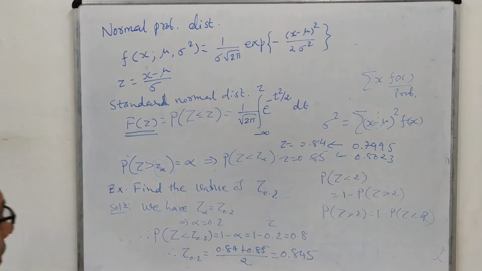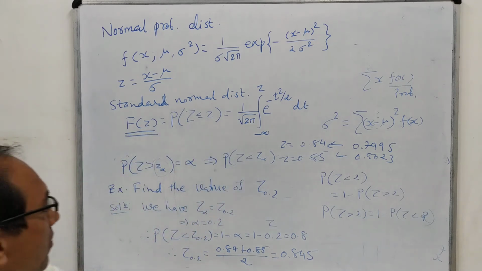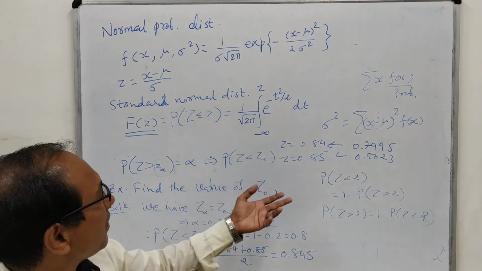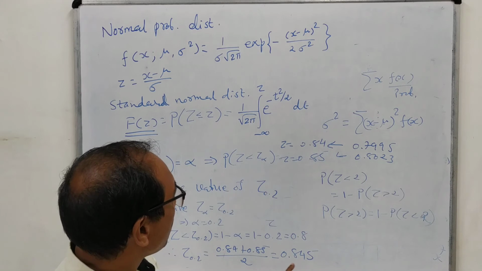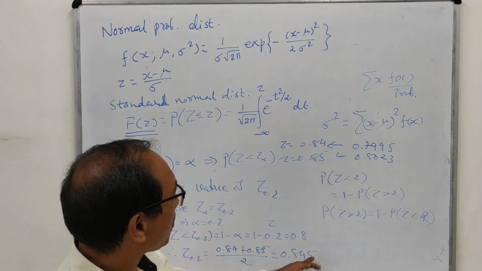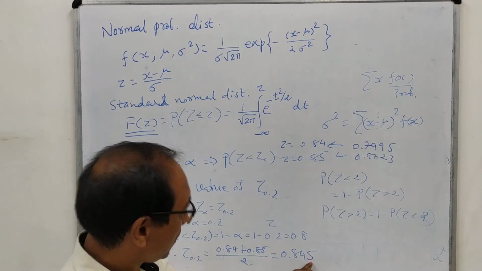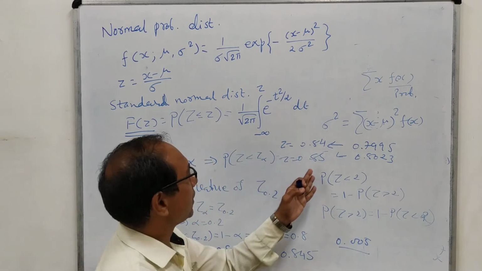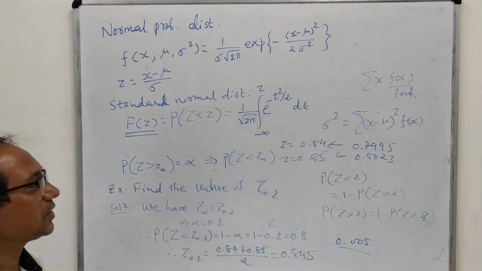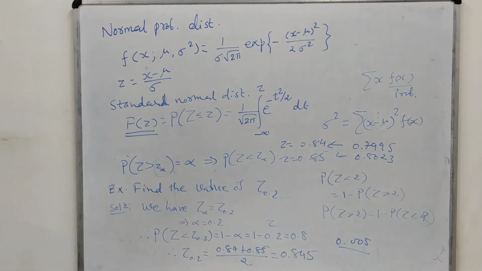So this is the value when the probability is 0.8. Otherwise, if you write down directly 0.84, then also it will do, because there is not much difference of 0.005 between these two. You can also write 0.85 because these two values are very near to 0.8.